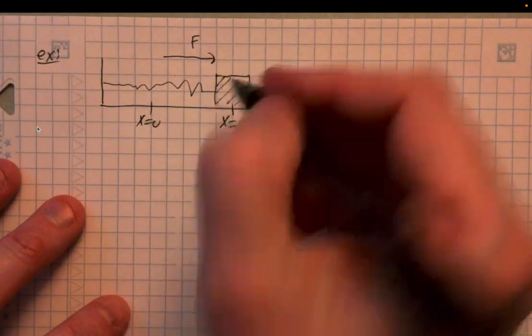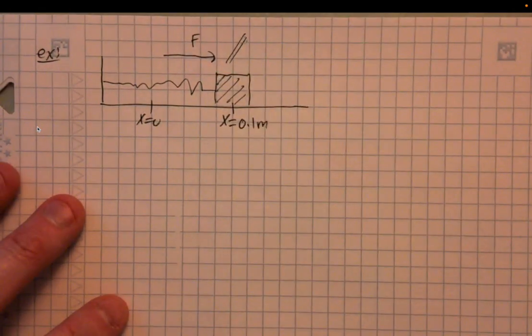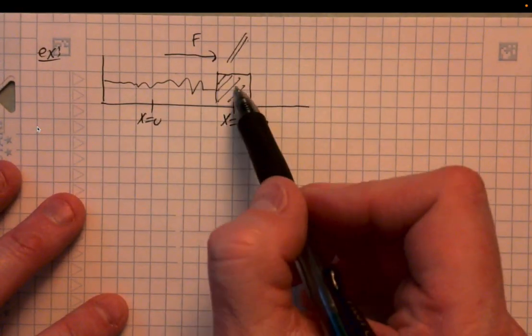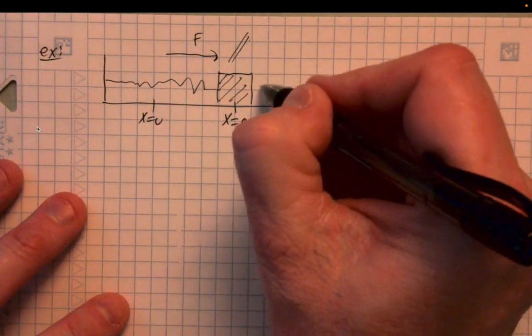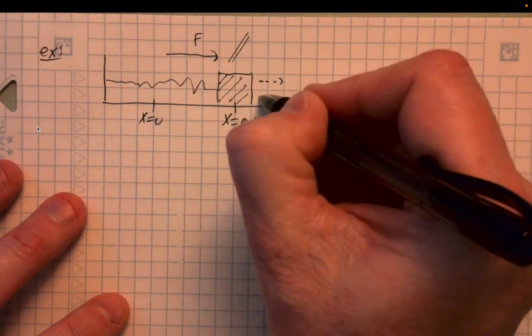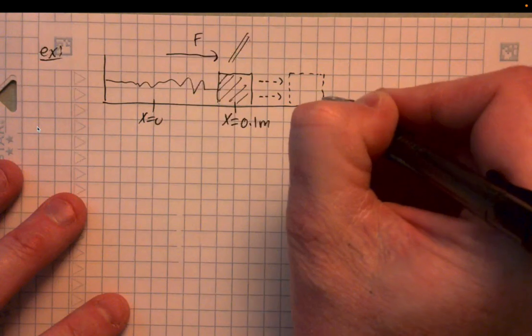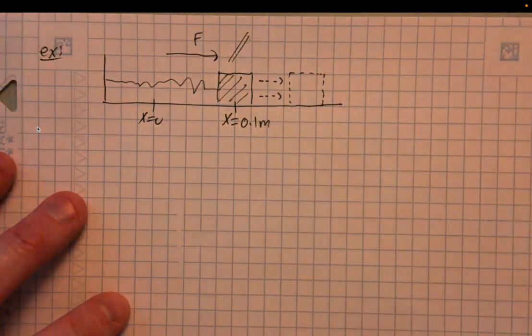Now, if I completely remove the force at that point and just let the block go, what's going to happen? Well, it's going to continue on for some distance in this direction. And the question is, how far?